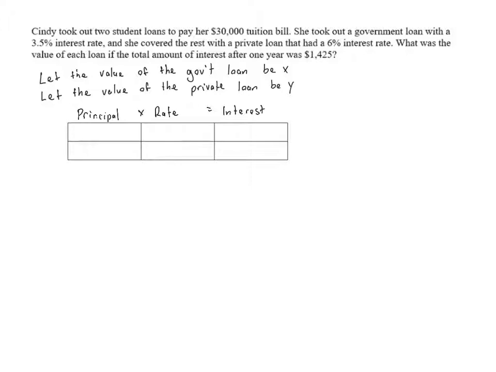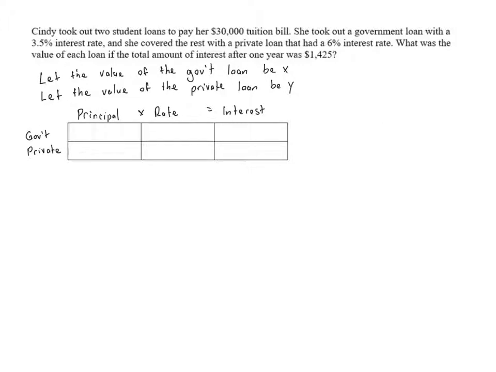Now, there were 2 types of loans, the government loan and the private loan. So the first row I'm going to label government and the second private. And then we'll start in the upper left-hand corner. The upper left-hand cell represents the principal for the government loan.